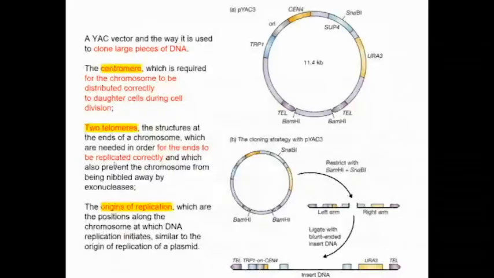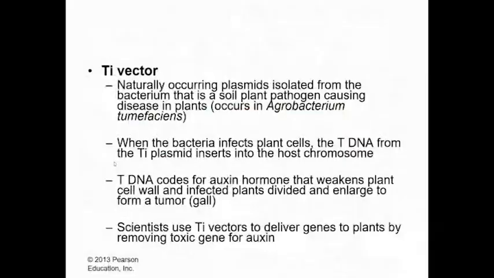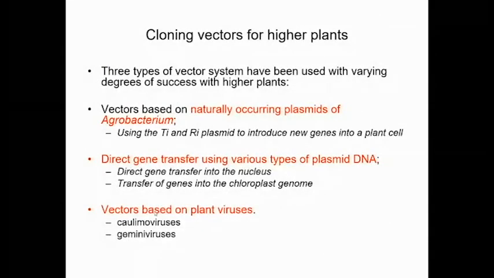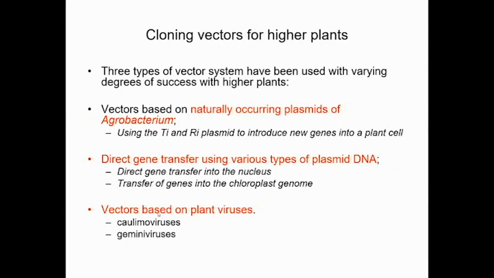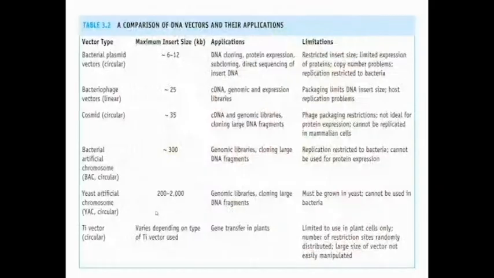And then also we have the vectors based on plant viruses, like Caulimovirus and Geminivirus. So these are three cloning vectors for the higher plants, all right?